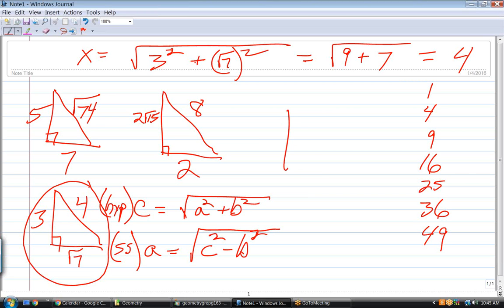In other words, if I have a 3 here and a 4 there, that one's definitely 5. But if I have a 3 here and a 4 there, notice that's not 5. That's one of the short sides. So the 3, 4, 5 triangle has to be in the right proportion. In other words, the 3 and the 4 have to be the two short sides, or the 5 has to be the long side.